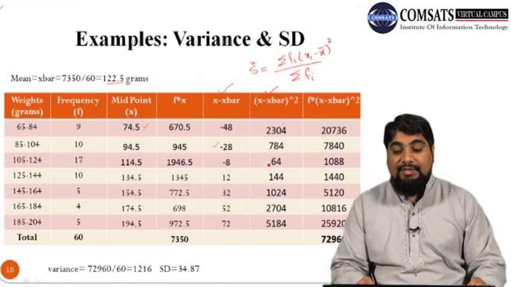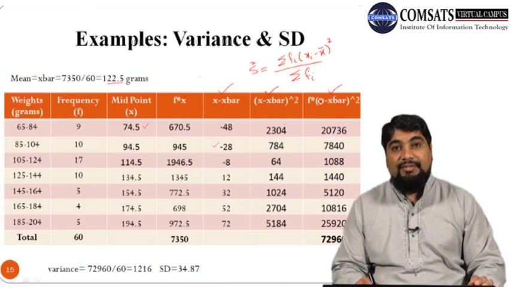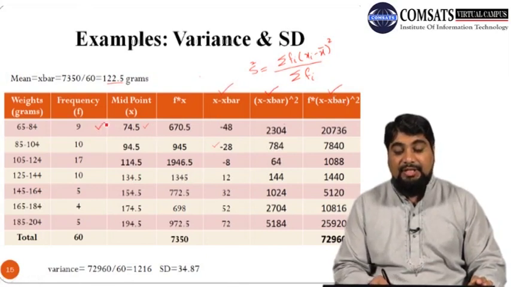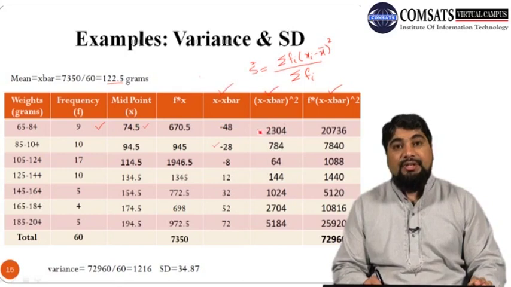And in the end we need to multiply this frequency with the square deviation. So construct a new column labeled as f times the square deviations, x minus x bar whole square. So f is 9, so multiply 9 with this first square deviation, which is 2304, so we get 20736, and so on.